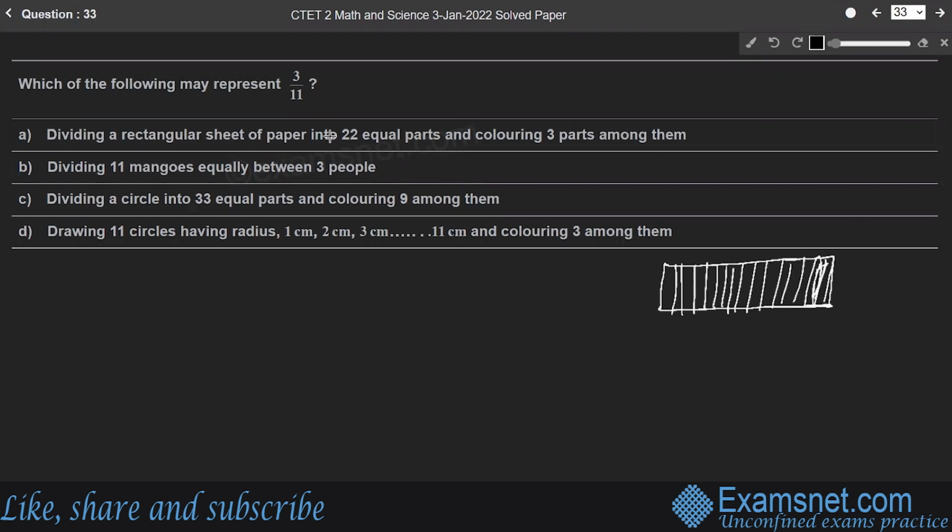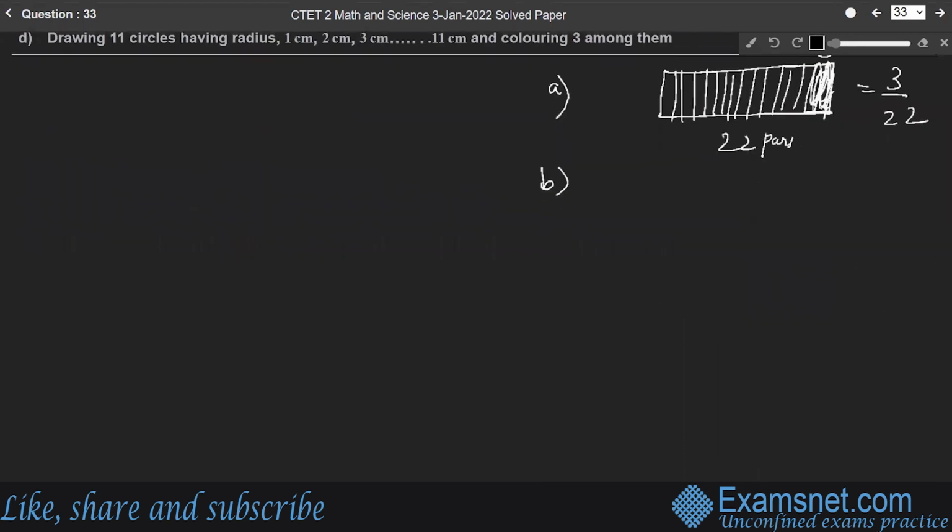There are 22 parts, among them 3 are colored, which is 3 by 22, not equal to 3 by 11. In the second case, dividing 11 mangoes equally between 3 people is represented as 11 by 3, not 3 by 11.